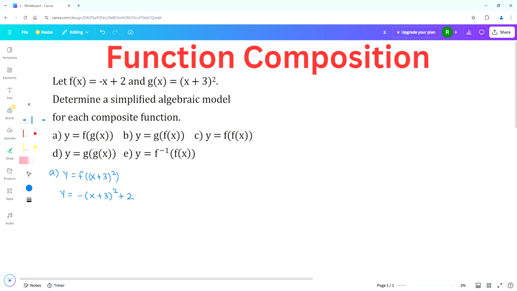Now we can simplify this equation. We can distribute the square on x + 3 by multiplying x + 3 by itself. Next, we can distribute the terms in the parentheses using the FOIL method.